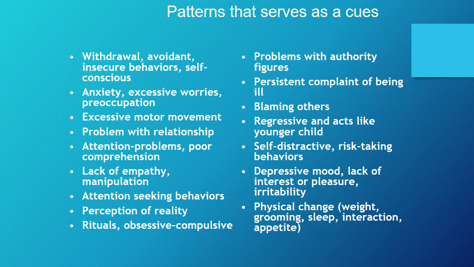We also need to check for cues regarding problems in relationships with peers or the teacher, attention-related problems, poor comprehension, lack of empathy, manipulation, attention-seeking behaviors, perception of reality, obsessive compulsive behaviors and rituals, and problems with authority figures, teachers, staff members, principal, or parents as well.